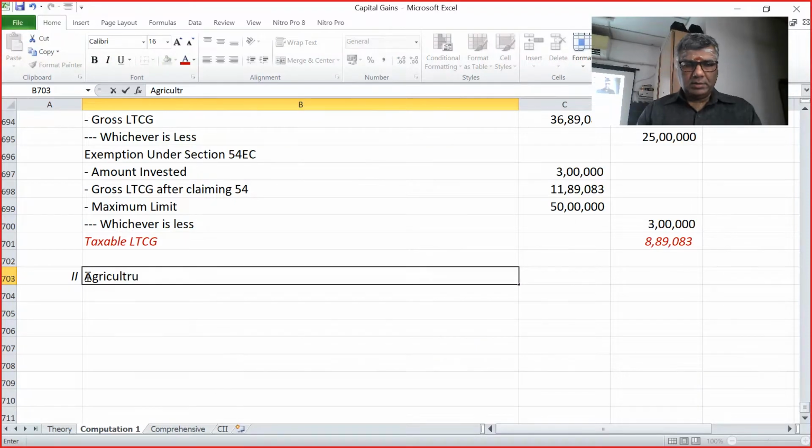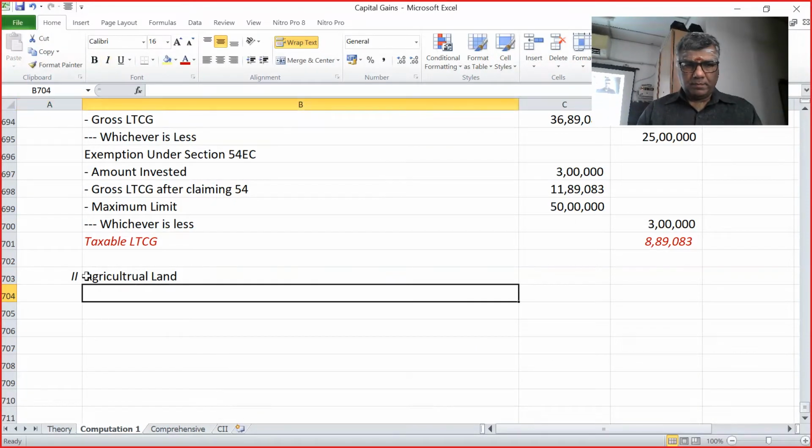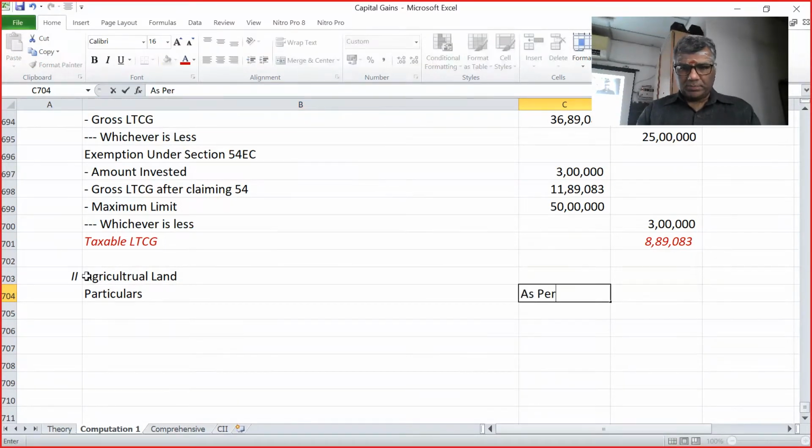Agricultural land, particulars as per law, as per the Manjula J. Shah case.